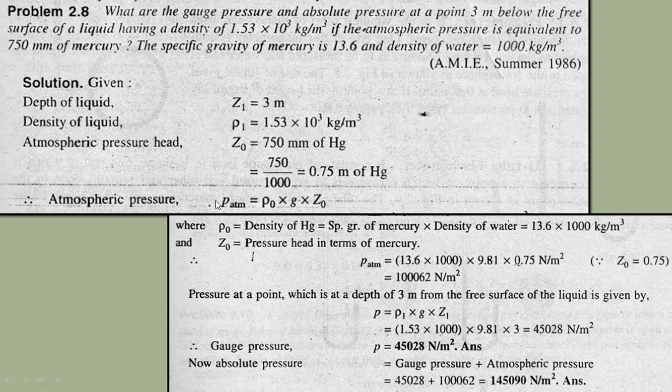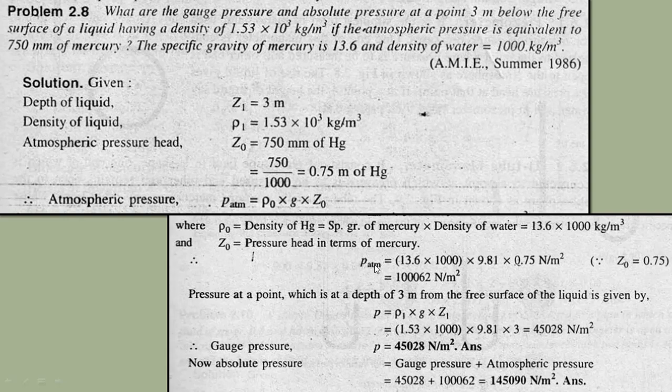So atmospheric pressure P atmospheric is equal to ρ0 into G into Z0, where ρ0 is the density of mercury, equal to specific gravity of mercury into density of water, and Z0 is the pressure head in terms of mercury.